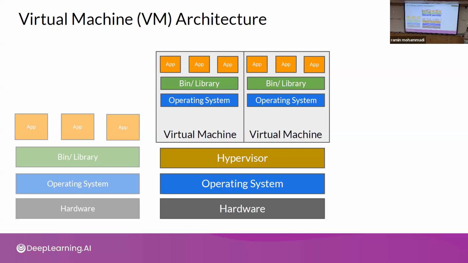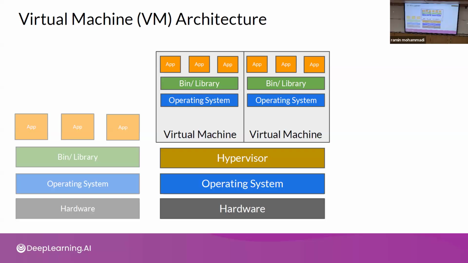If you think about this blue box, the operating system, when you rent a VM or create a VM on your machine, you need an operating system to run and operate what happens inside the VM. And that operating system is normally a couple of gigabytes. So every time you create one additional VM, you add a couple of gigabytes to your overall usage.